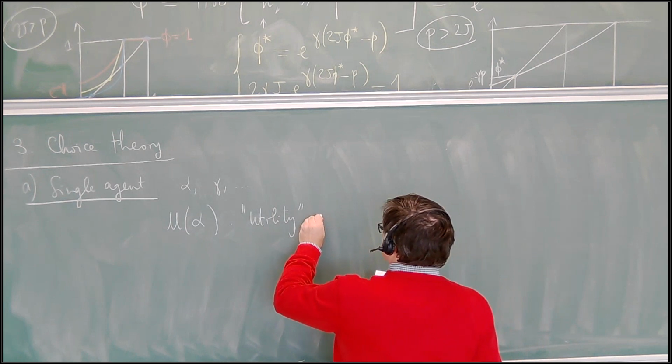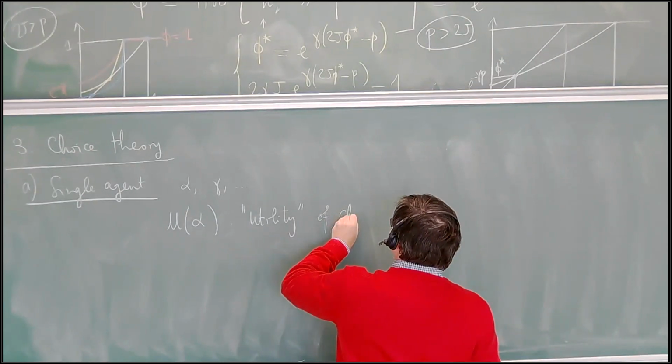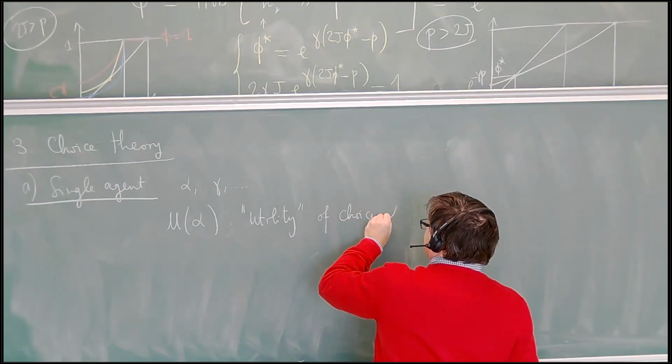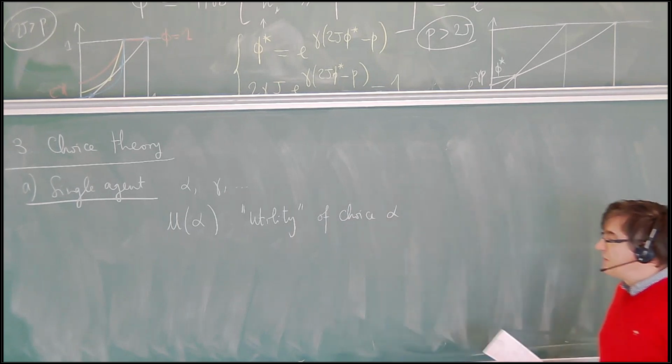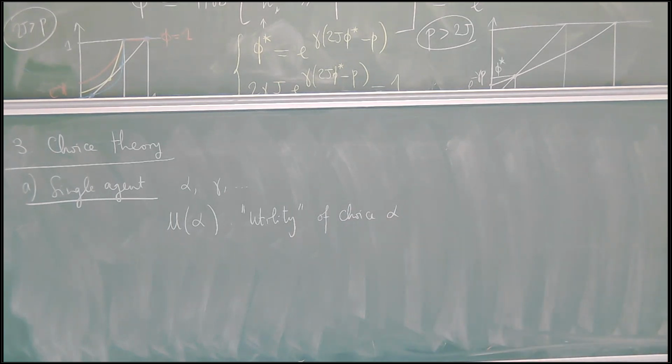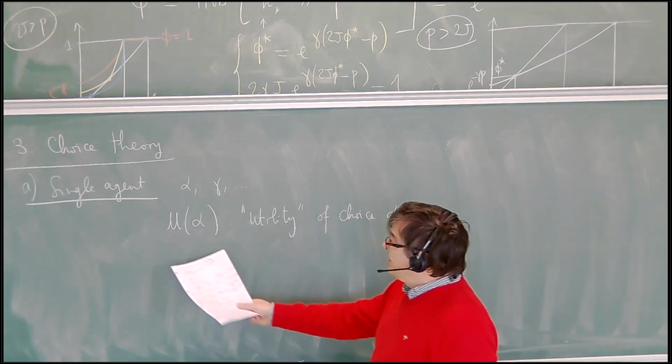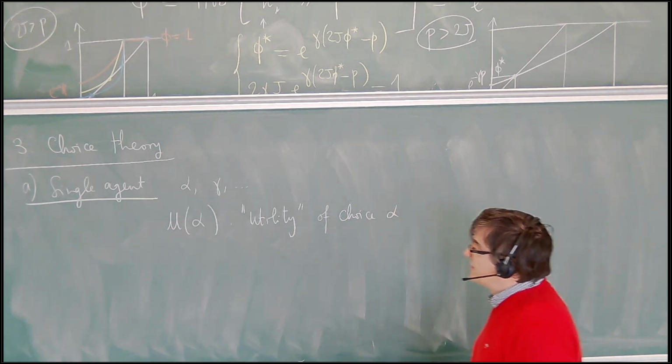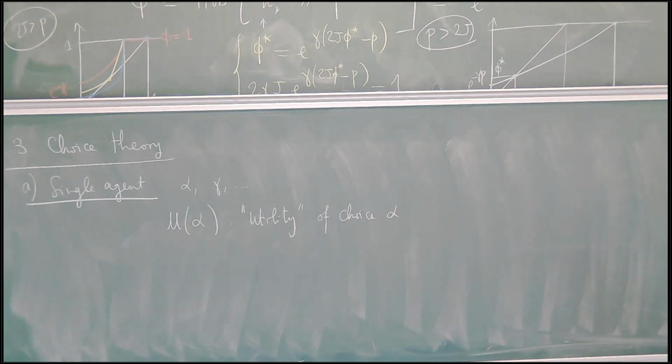The utility of choice alpha. So what is utility? Well, as I said, it's not very clear, but you can think of it as happiness, satisfaction, whatever. It's something that allows you to compare your different choices between them and rank them, but more than rank them, actually give a value to each of your choices. And this value is the utility U alpha, okay?